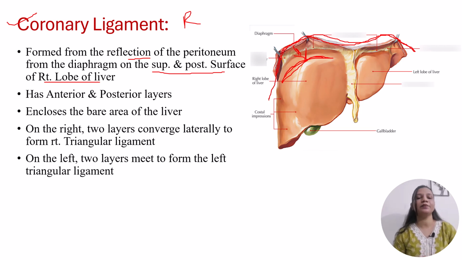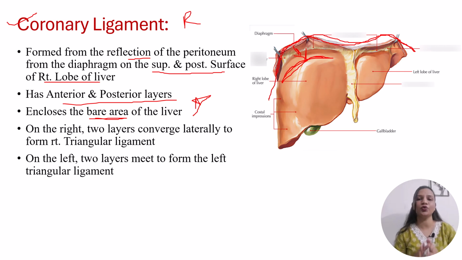And the coronary ligament again has two layers, anterior and posterior layer. So these anterior and posterior layers enclose the bare area of the liver. So what is actually the bare area? Again, very important point. The bare area of the liver is actually the area which is devoid of peritoneum.